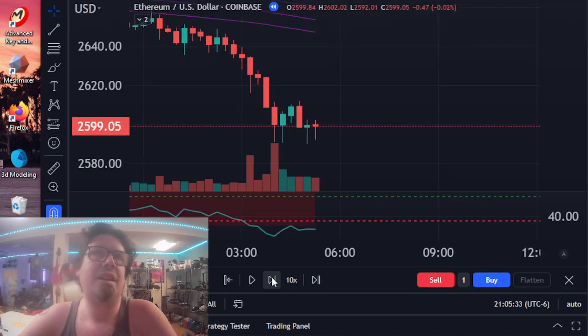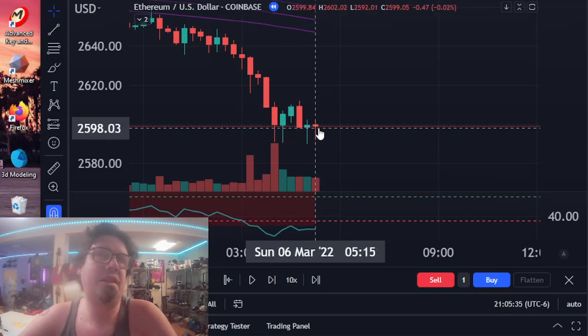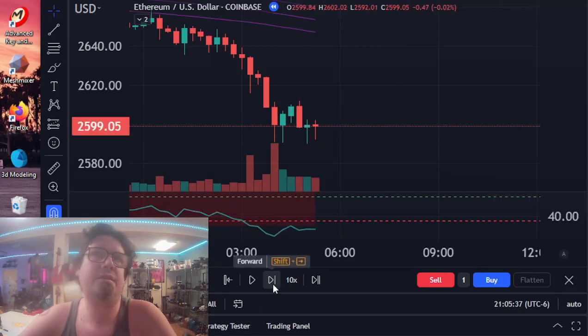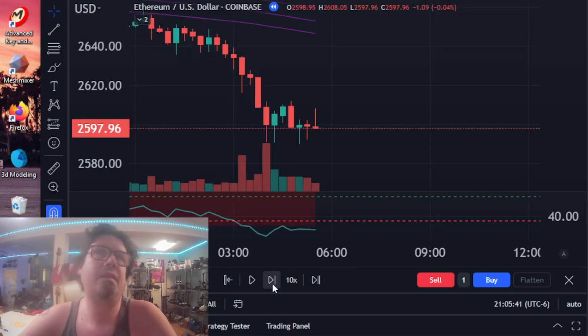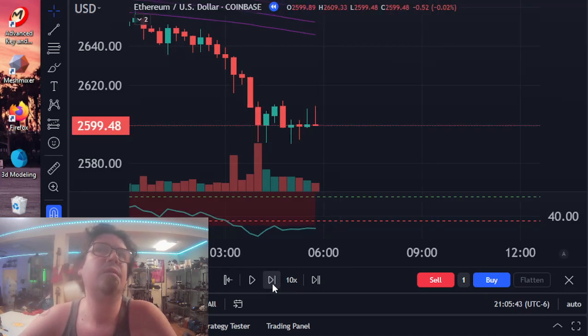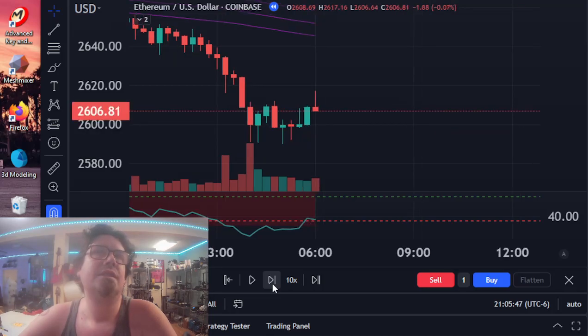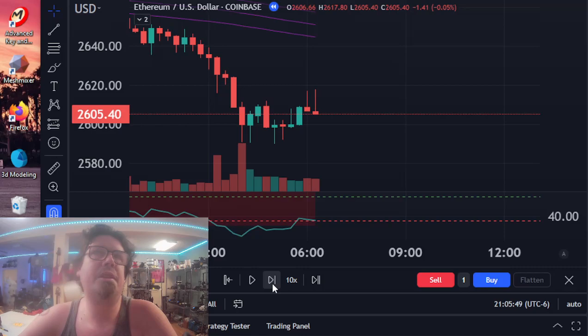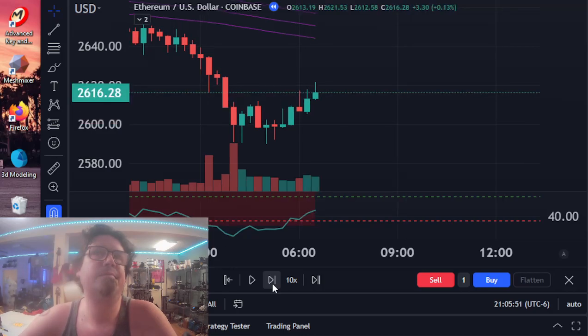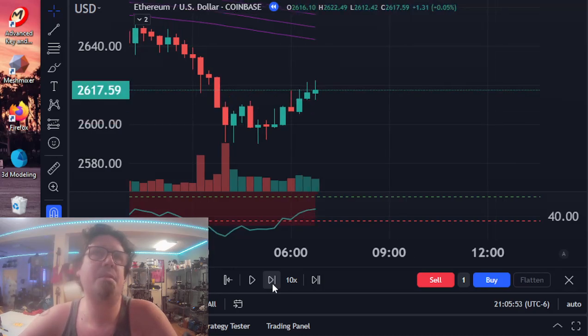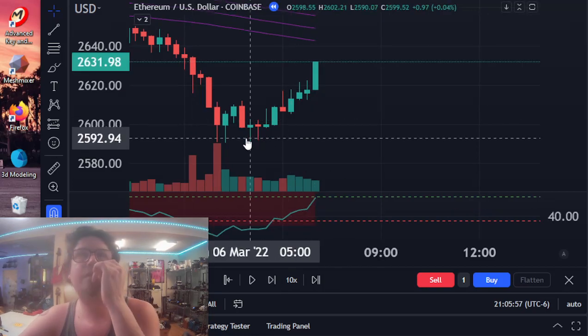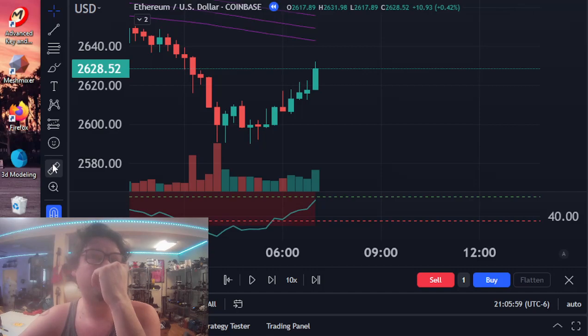Ooh. See, we're supposed to get out after one red candle, but that's a hammer candle. I think we will get out there, but let's see what it did. Ooh, would have been pretty good. See, that's a questionable rule. I'm not 100% sure. Yeah, that would have been a massive trade.